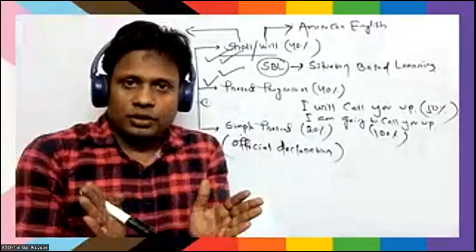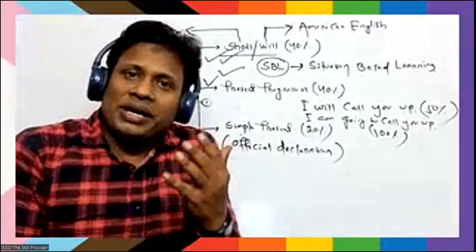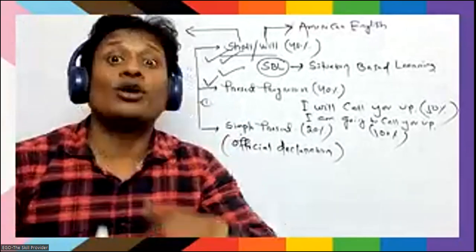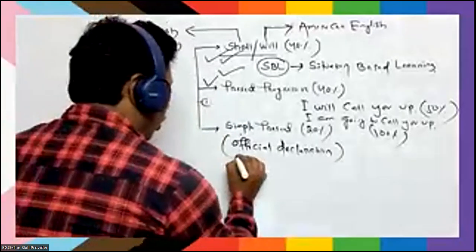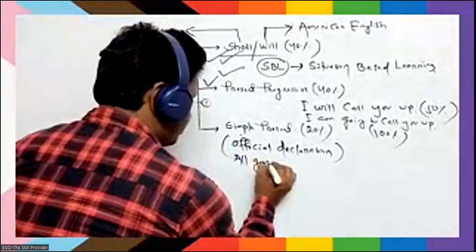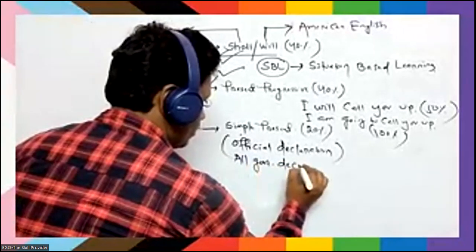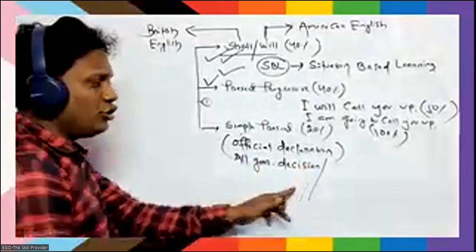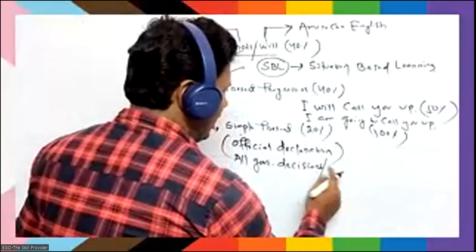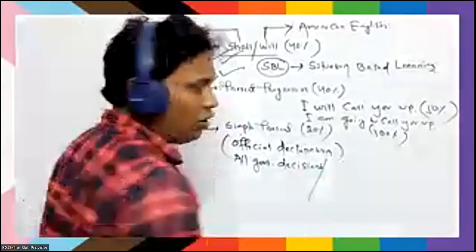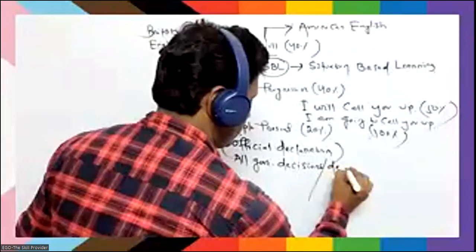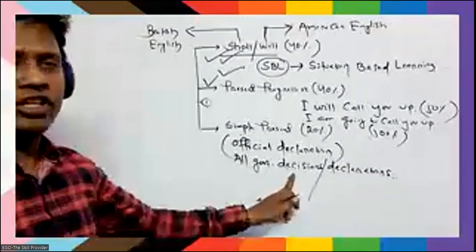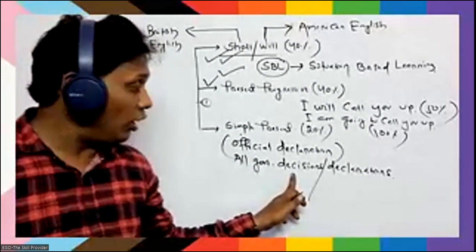Official declaration means whatever the government has declared or decided, all government decisions, or you can say declarations, whether it is a decision from the government side or a declaration.